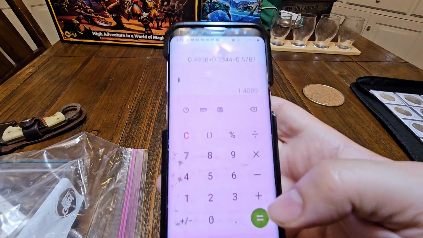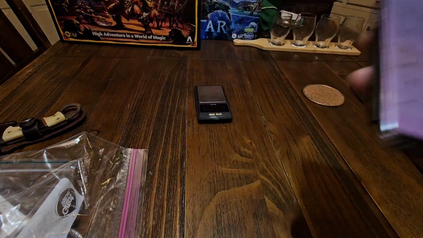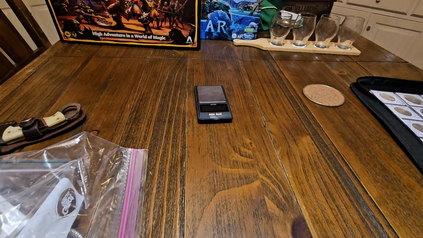And that comes to 1.4089, which we'll write that number down. Only to realize there's a photobombing cone trying to steal the show. Let's get it out of there. That is our ASW. These coins are uncirculated.